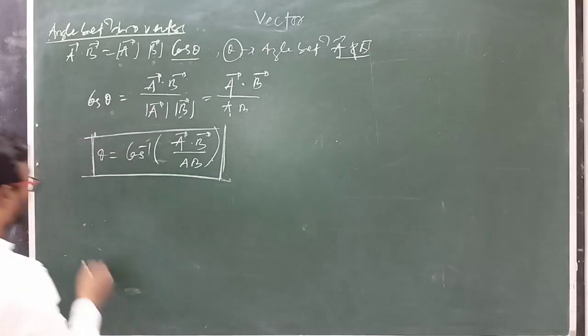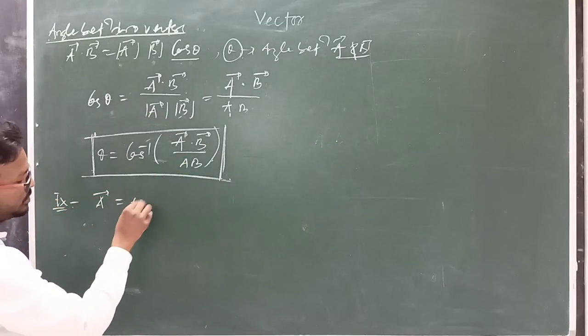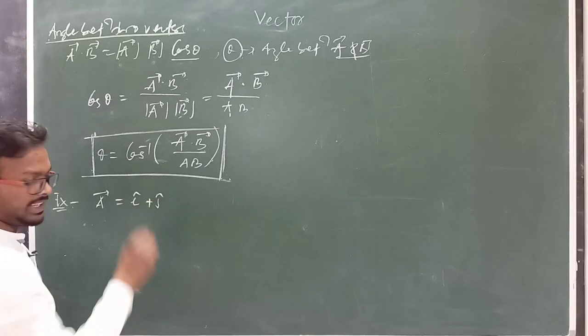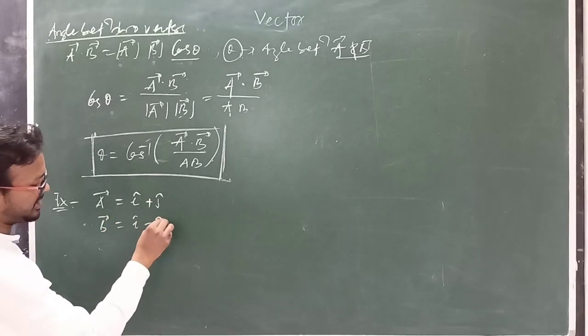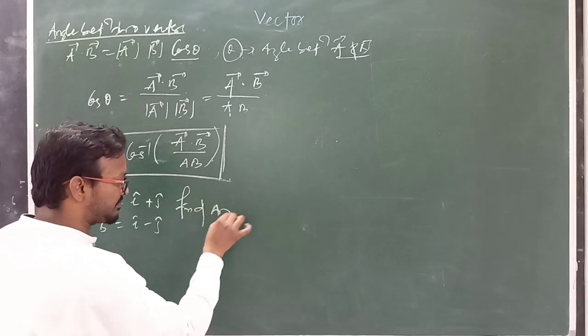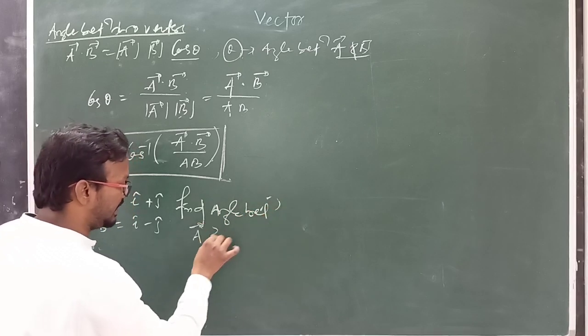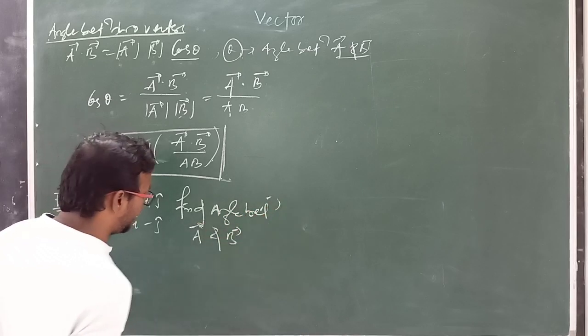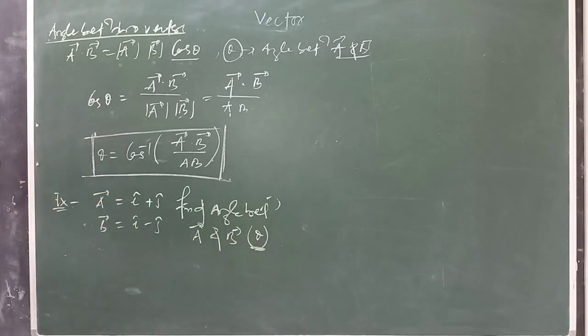If we take one example here, suppose I am writing a vector a equal to i plus j cap, and b vector is, suppose, i minus j cap, and the question is to find the angle between a vector and b vector, means we have to find theta. So how can we find this theta? We have to use a dot b.